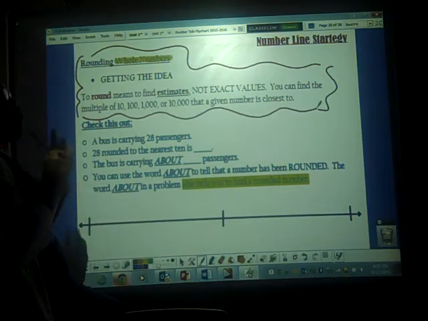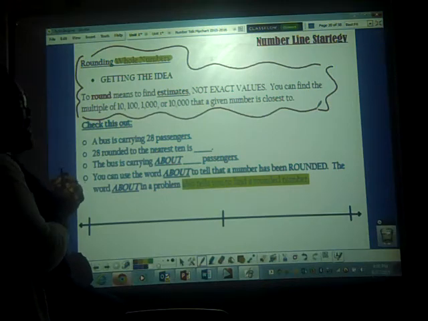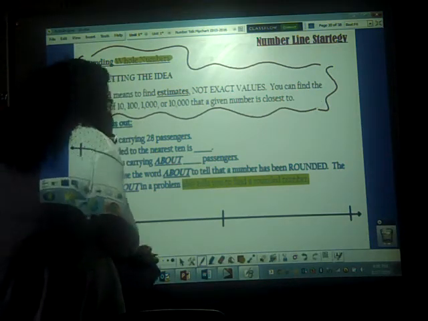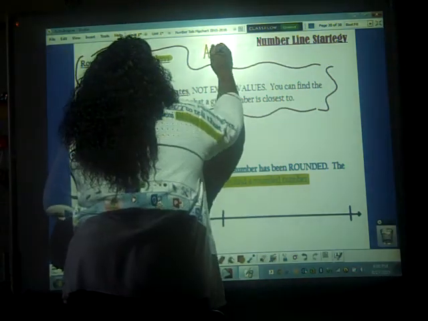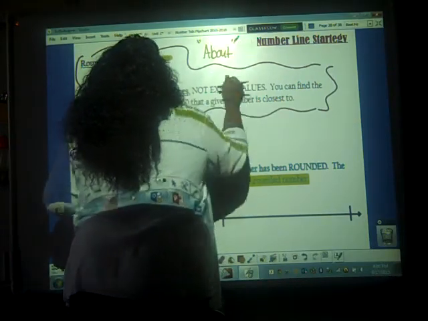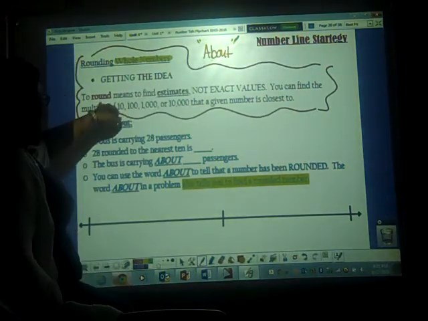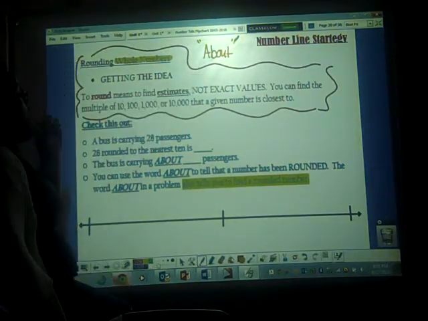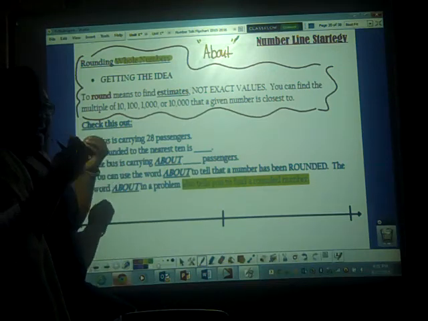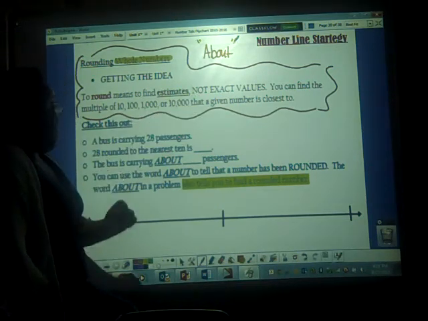When you hear the word round, or in a word problem, you might come across a word like about. Words like around and about, those words are indicating that you need to estimate. They do not want the exact value.